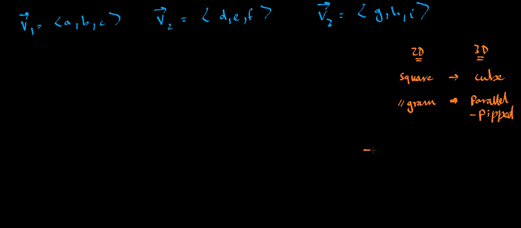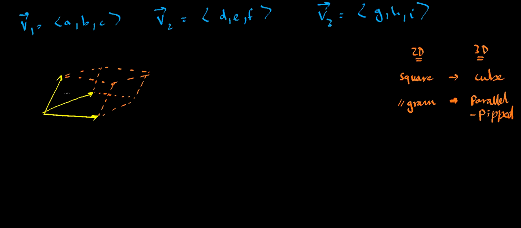So if you have a parallelogram in 2D, in 3D it becomes a parallelepiped. Well, I'll draw it in a second. So these 3 vectors define a parallelepiped. So if you draw the extension lines, and this is your parallelepiped.